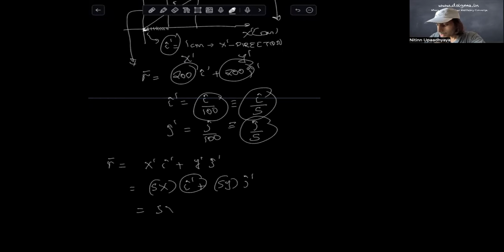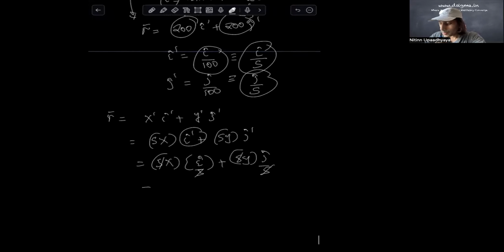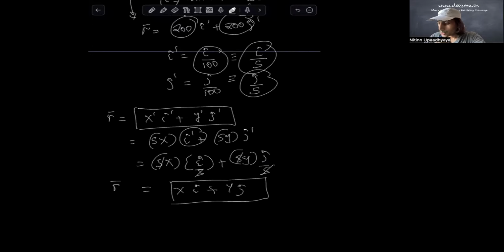So I can also rewrite this as sx i by s plus sy j by s. The s's just cancel out, and that gives me back the vector written in the old components. So expressing r as x prime i prime plus y prime j prime is equivalent to expressing r in terms of the old coordinate system, xi plus yj.